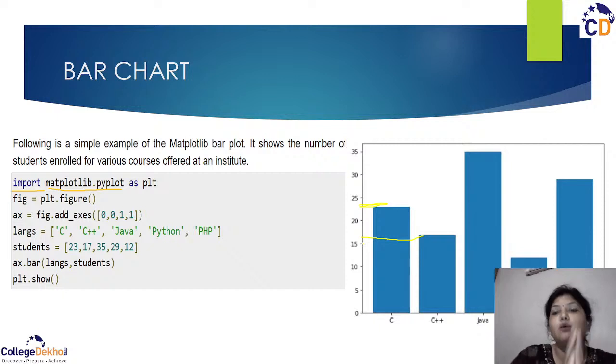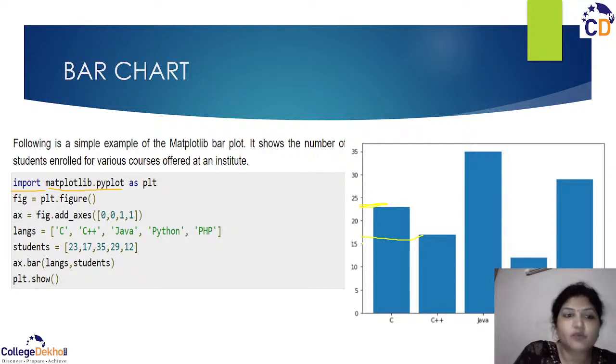This is how we basically assign the x and y variables according to the values. On the x-axis we are defining the categories. On the y-axis we have the corresponding values of those particular categories. This is how we plot the bar graph using Matplotlib.